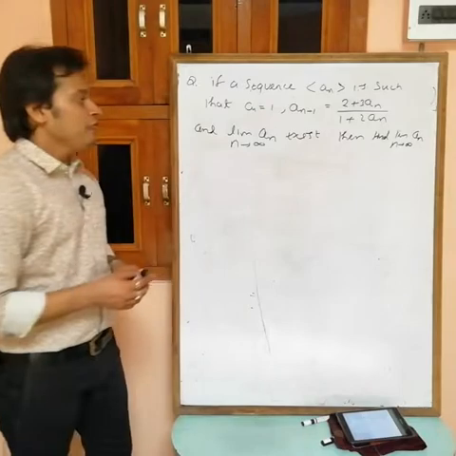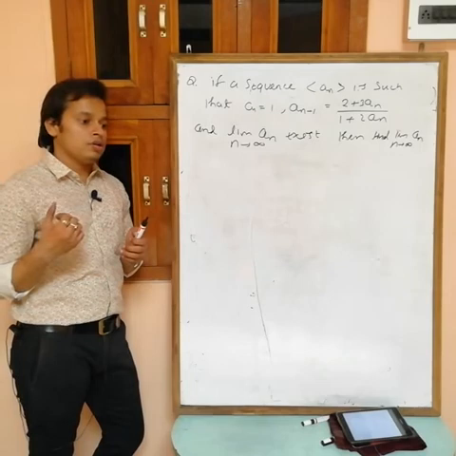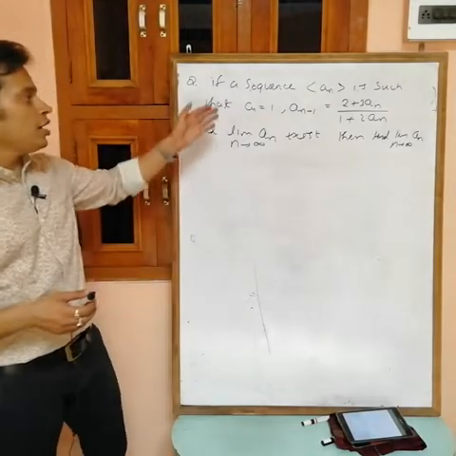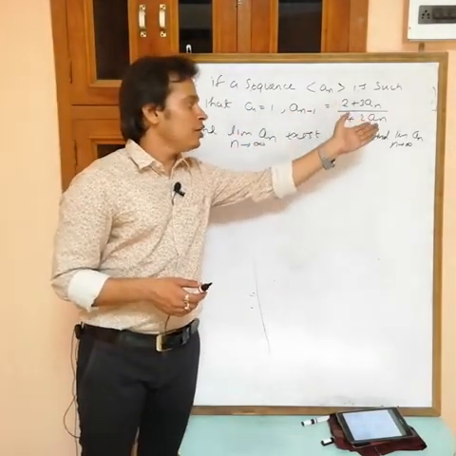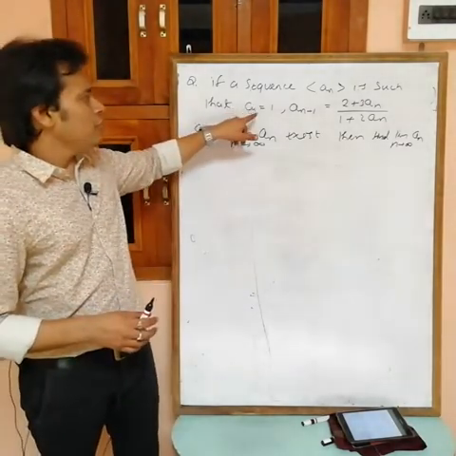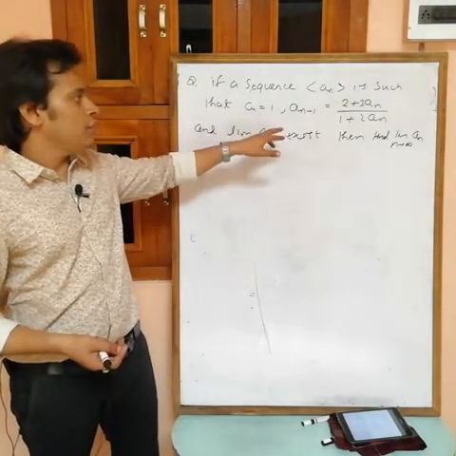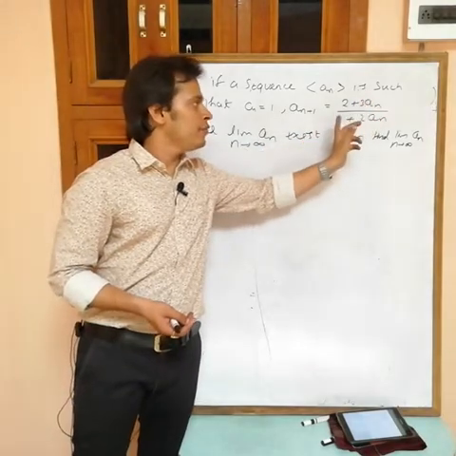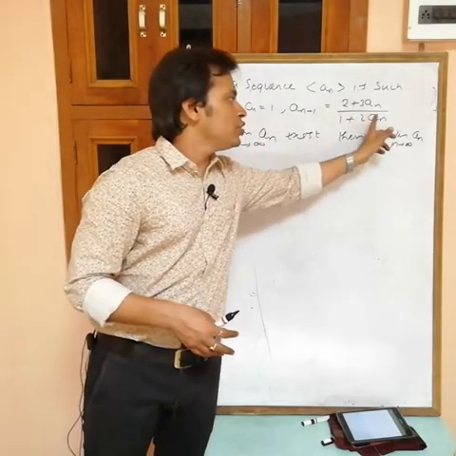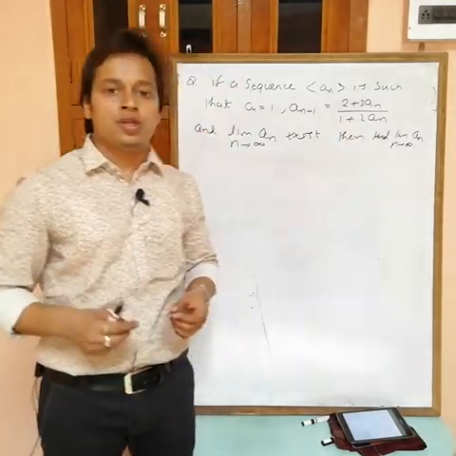Now actually, if any question is given in this form, such that a sequence is defined up to infinite terms like this, and a_(n+1) is given in terms of a_n, or a_n is given in terms of a_(n-1). See, if you put a1 equals to 1 and find a2, if you put n equals to 1, then you will get a2 equals to (2 plus 3a1) by (1 plus 2a1). a1 equals to 1, so 2 plus 3 is 5 and 1 plus 2 is 3, so 5 by 3.